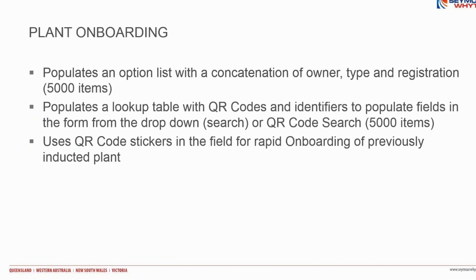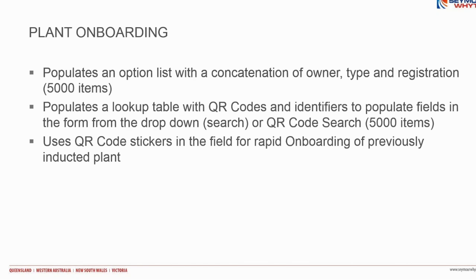Later in the year, we did a plant onboarding process. So this was our first experience with using lookup tables populated in iForm from our SQL database. We had something like 5,000 pieces of plant, and we populate a lookup table, which is a concatenation of owner, plant type, and registration number, using the dynamic search in iForm that makes a very easy lookup method of finding plant items that haven't previously been stickered.